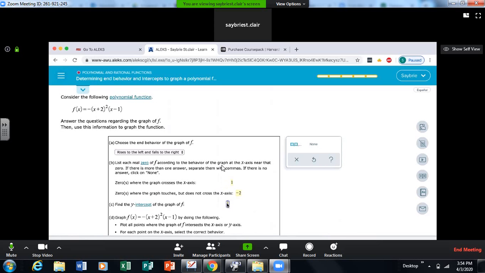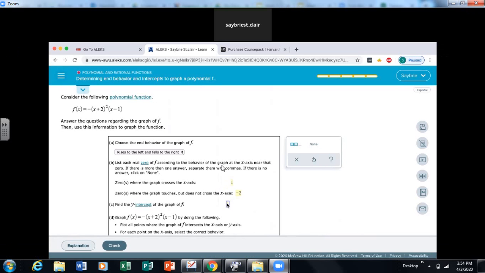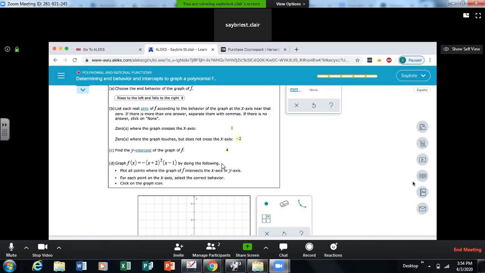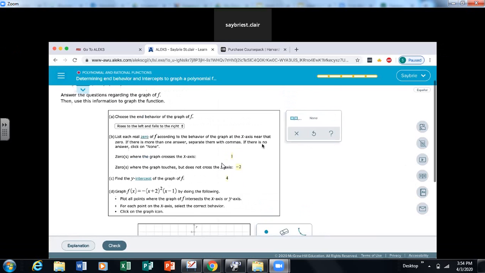All right, now the Y-intercept, it looks like it is 4 on this one. I got that 4 by just looking at my Desmos graph, but I could have got that 4 by plugging in 0 into that x plus 2 and 0 into that x minus 1. I'll try to show you that.